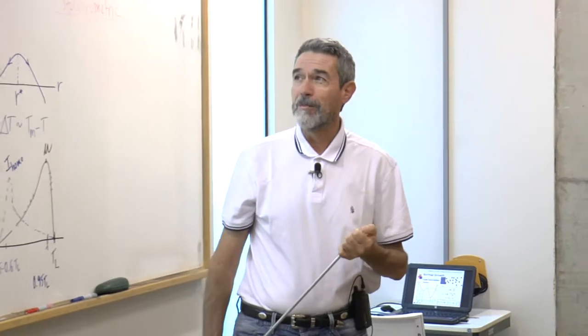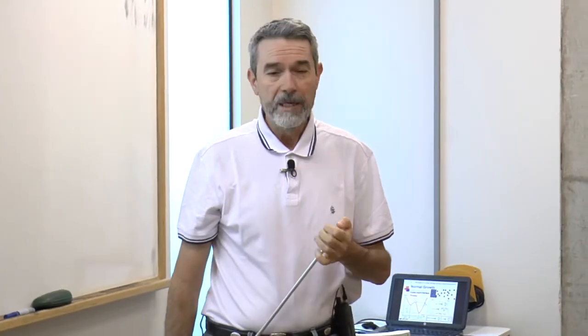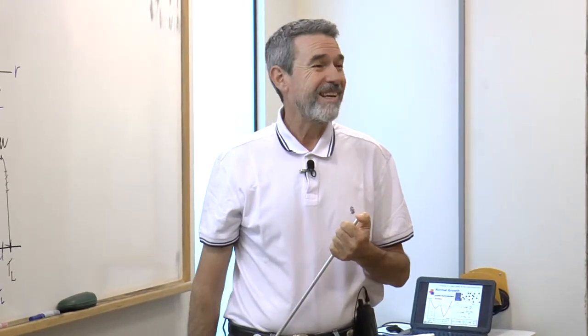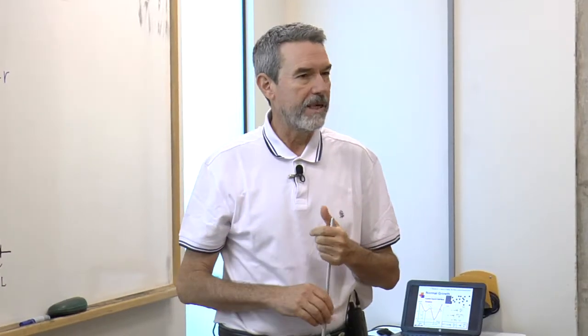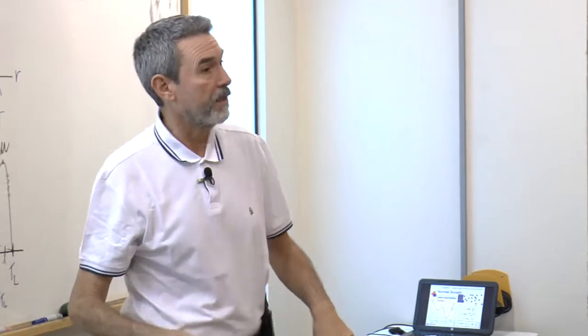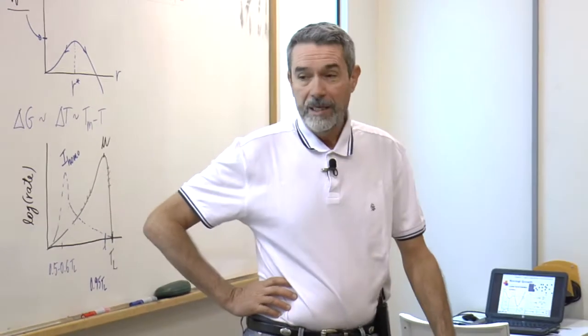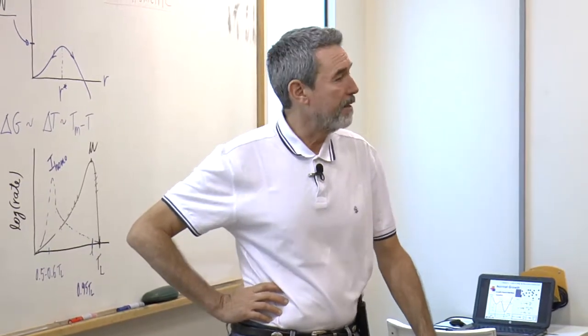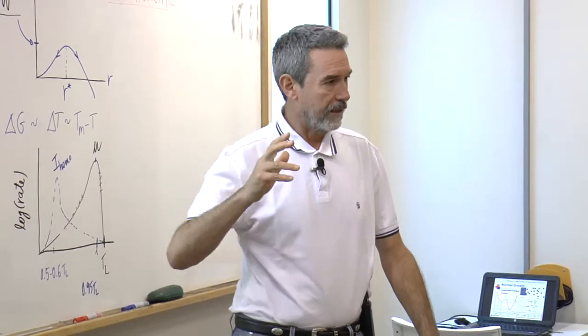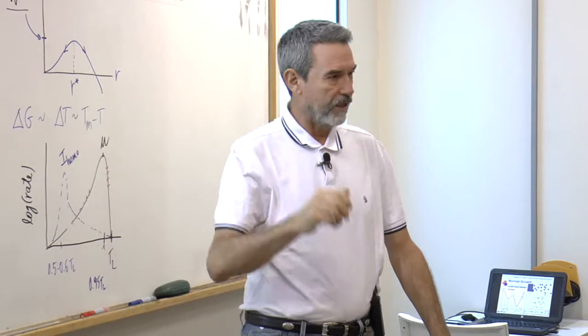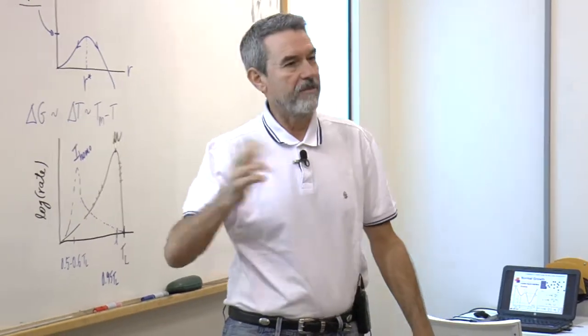This is a famous plot, I believe proposed by Svante Arrhenius many, many years ago. Arrhenius was a Nobel Prize winner in chemistry, and he came up with this idea of activated processes, you know, activation energy. You have heard of activation energy.